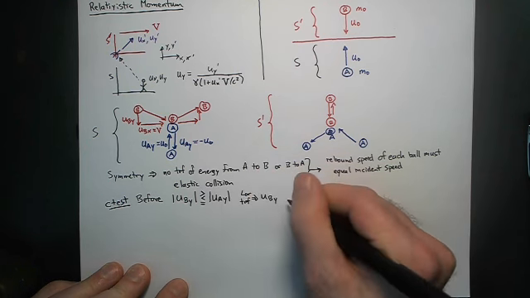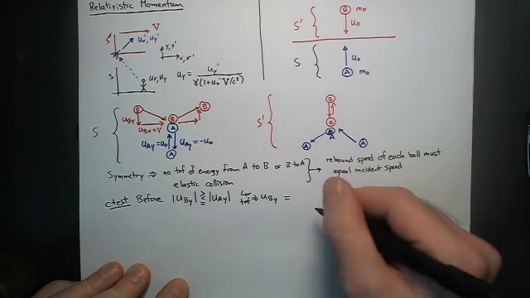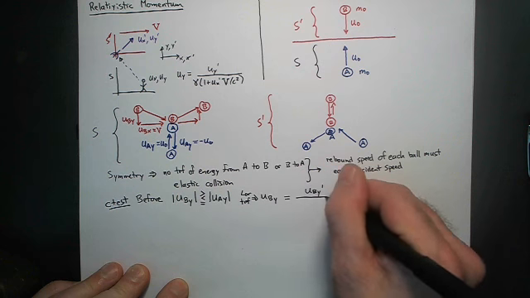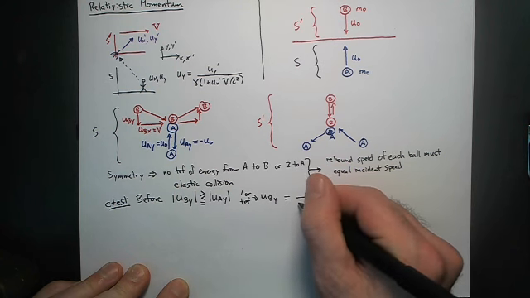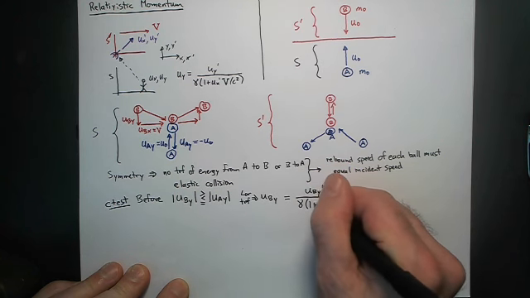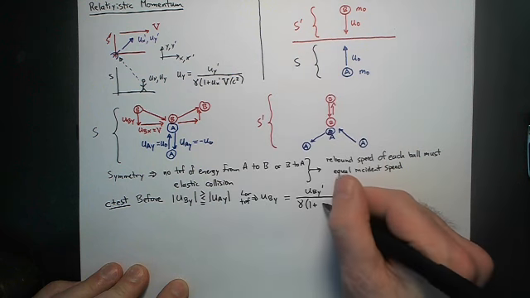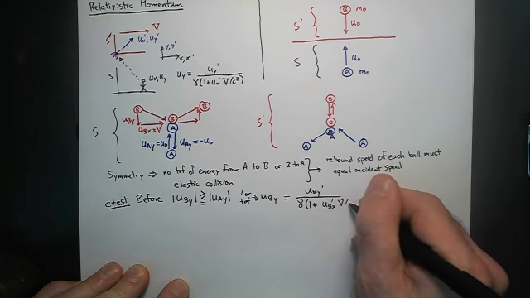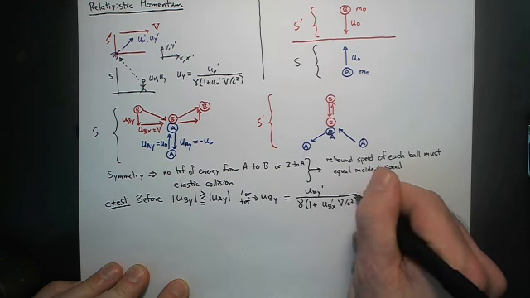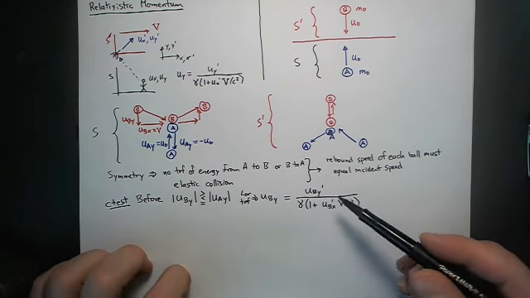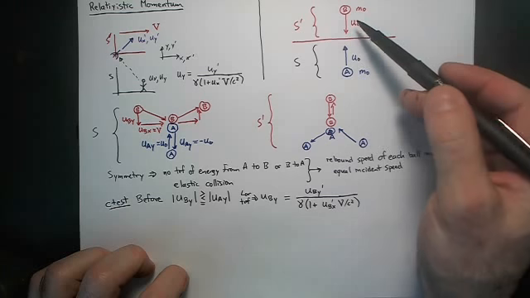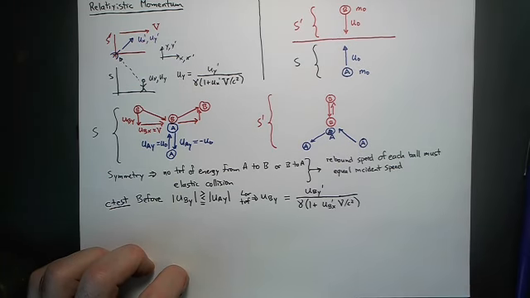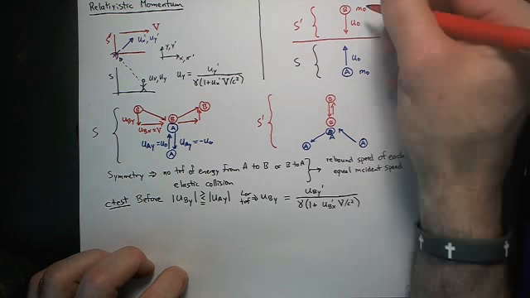It tells us that u_by equals u_by prime divided by gamma times 1 plus u_bx prime V over c squared. u_by prime, that's the velocity of ball B before the collision as seen in the prime reference frame.